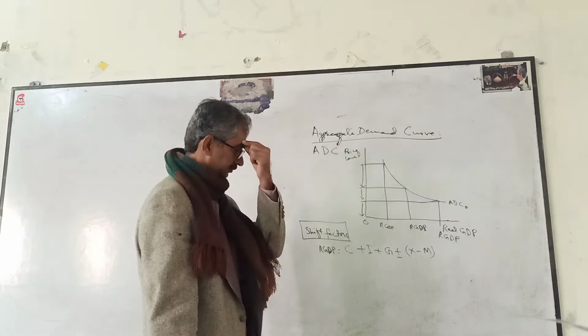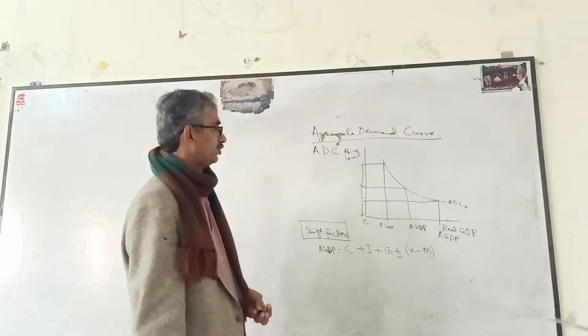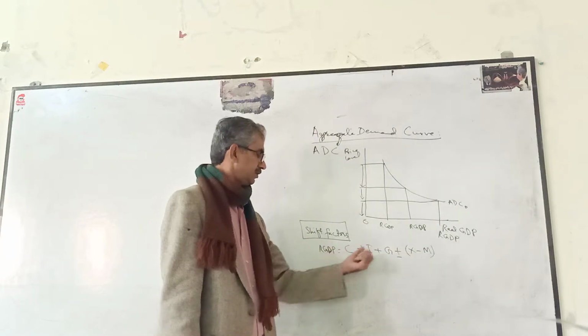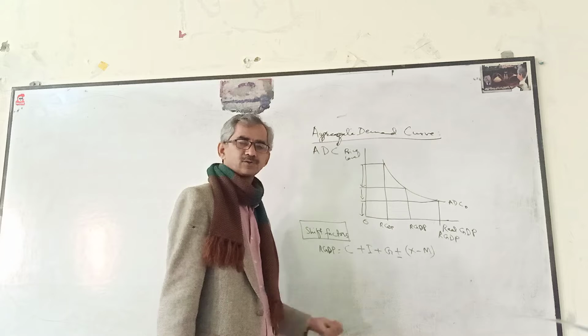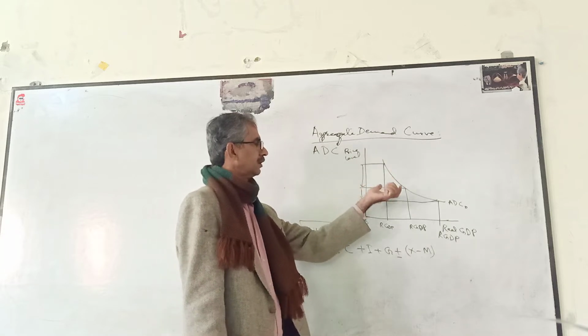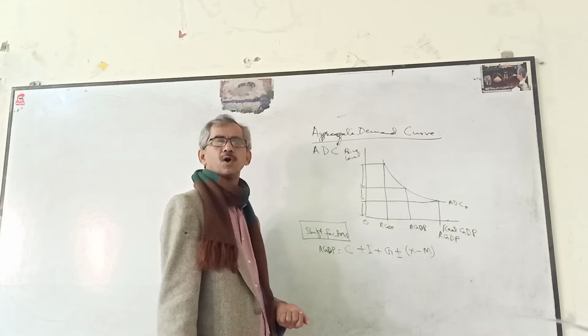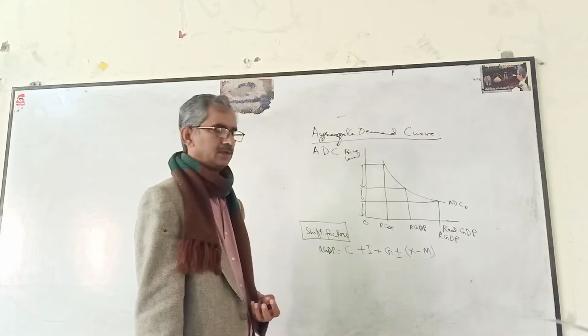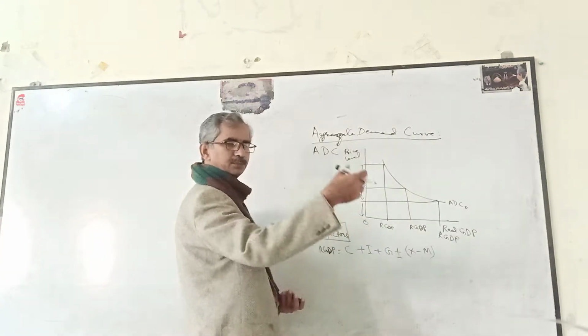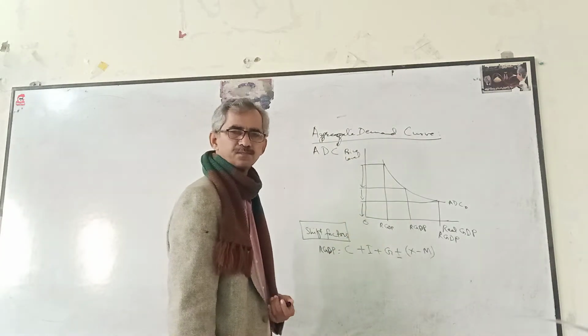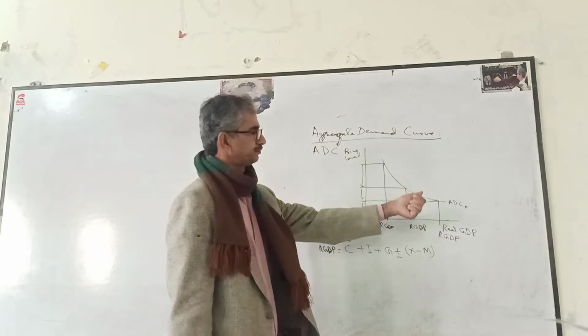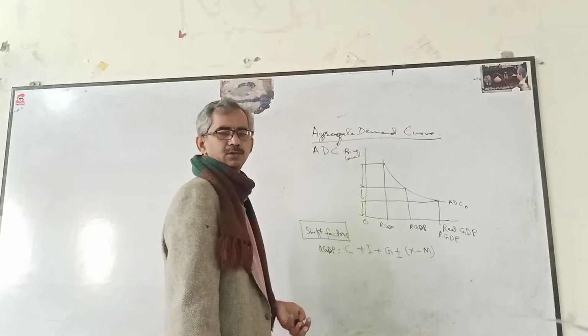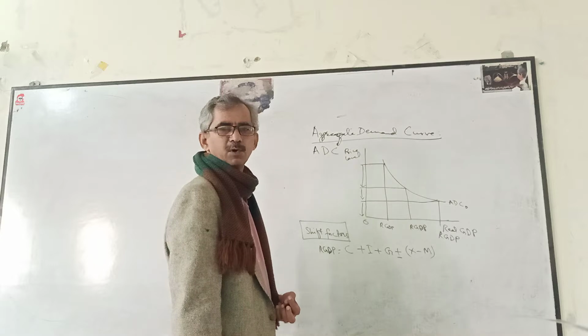So when we talk about shift factors, any of these factors can cause a shift in the aggregate demand curve. If the consumption of the people increases or decreases, it affects the aggregate demand curve.